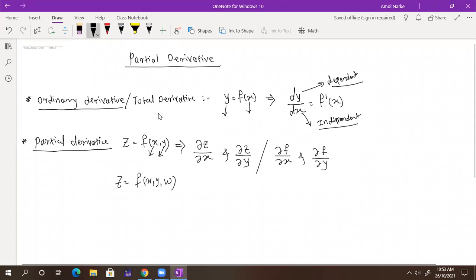So here we have three independent variables: 1, 2, 3. So you can find dabba z by dabba x, dabba z by dabba y, dabba z by dabba w, like that. We will see that later on. First, we understand the difference. Did everyone get the difference now? Yes or no? Yes, sir.